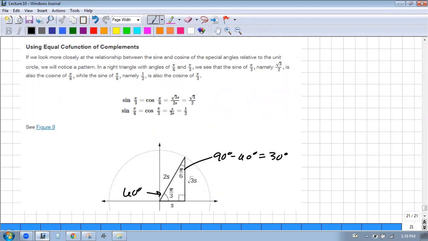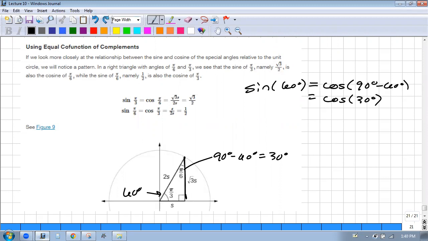It's your 30-60 triangle, right? So they're saying that sine of 60 degrees is cosine of 90 minus 60, which is cosine of 30. Obviously, right? All you're doing is taking the same triangle and instead of putting it like that, you're putting it like this. The sines and the cosines switch.